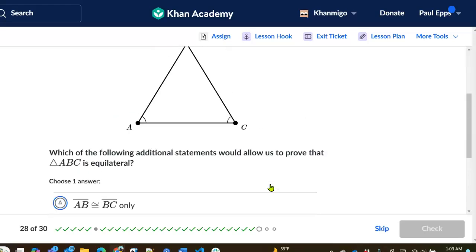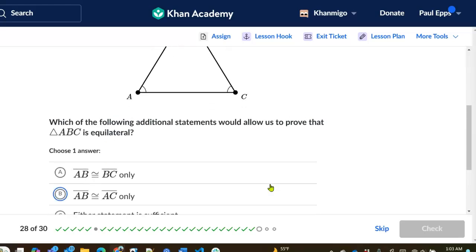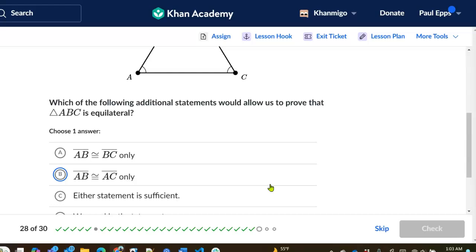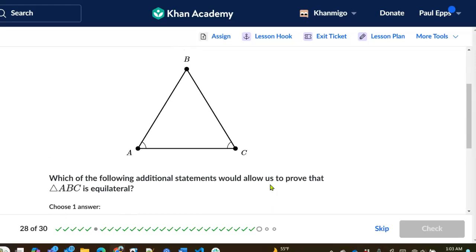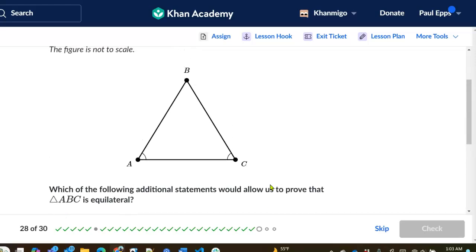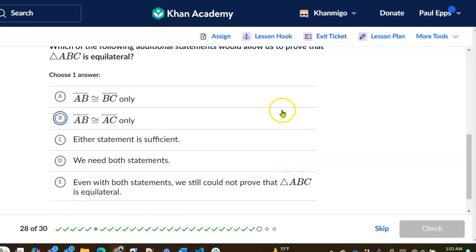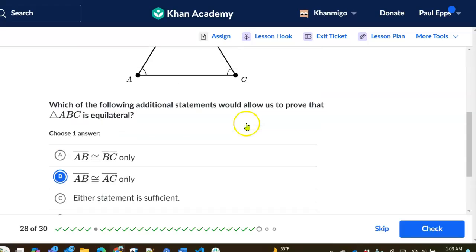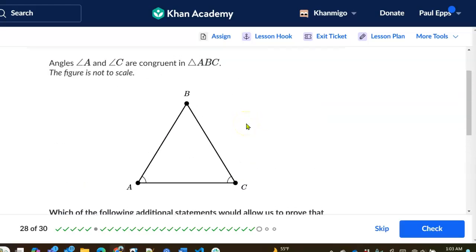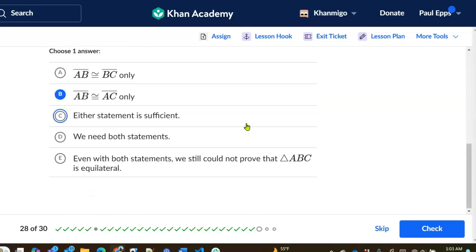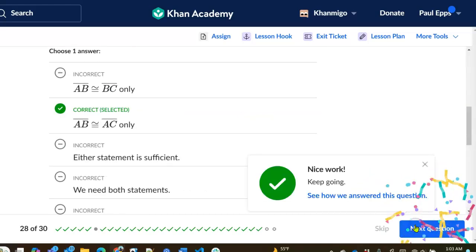No. AB is congruent to AC. Yes. We already know AB is congruent to BC. We need both. No, we don't need both. If we knew that AB is congruent to BC, that would do it.